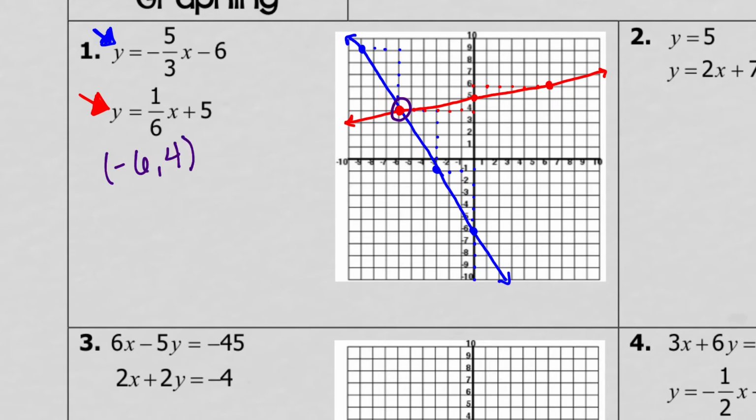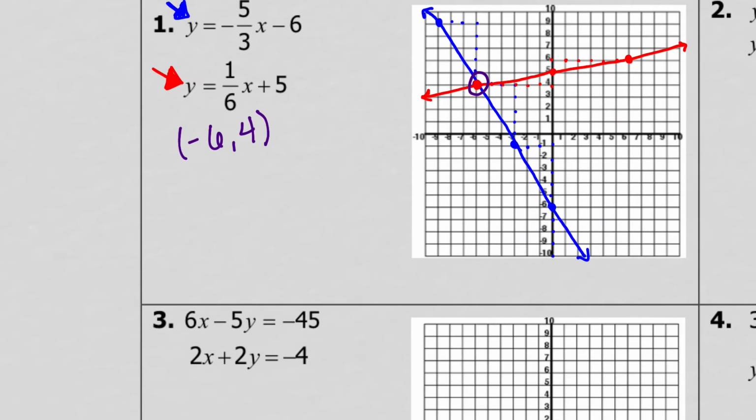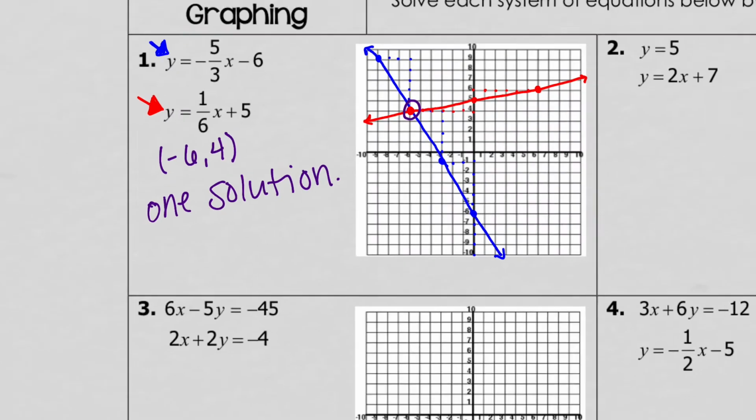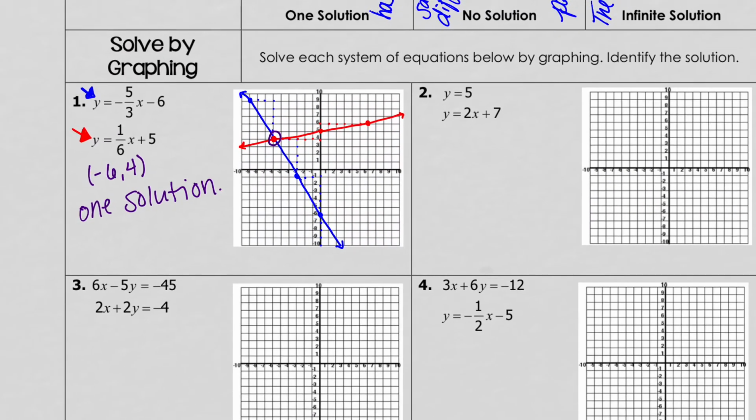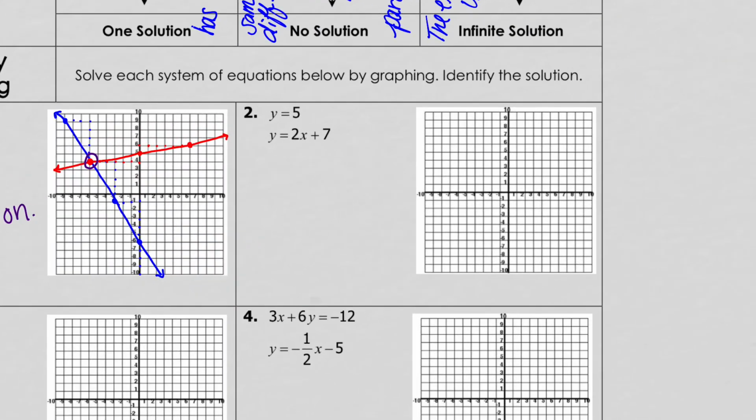Okay, so that is my solution. So does it have one solution, no solutions, or infinite solutions? One solution. It has one solution. Excellent. Let's see here. Let's do number 2.